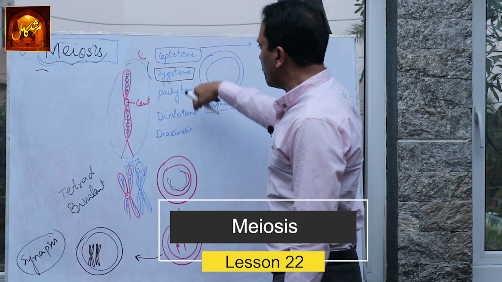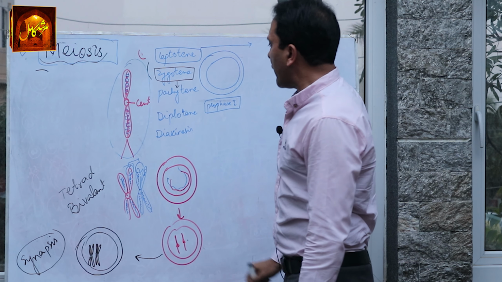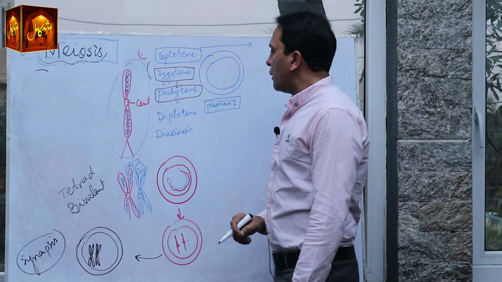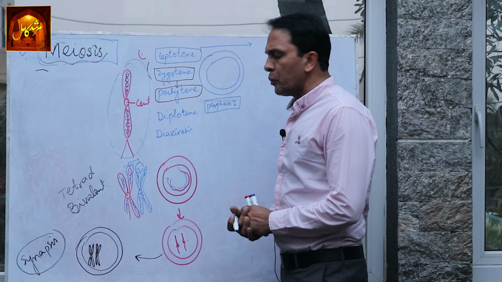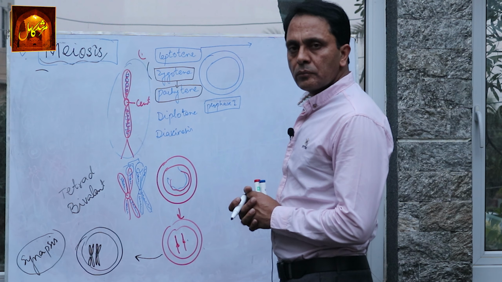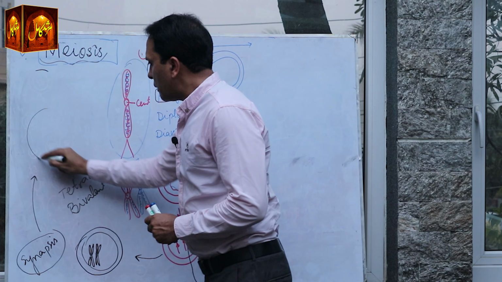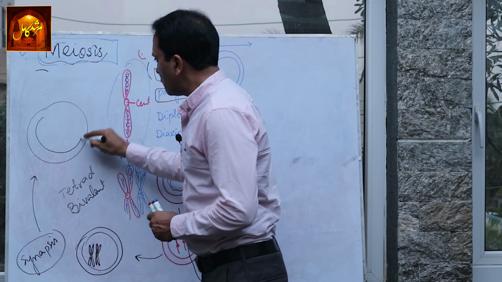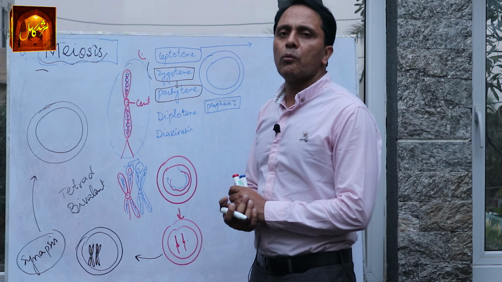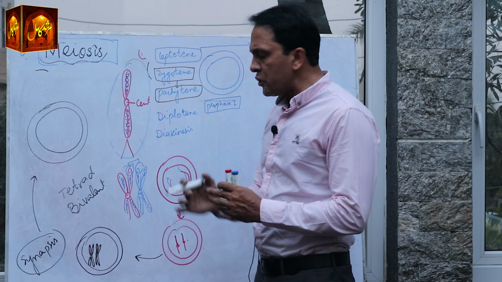After this change we move to the next subphase, the pachytene. During pachytene these chromosomes will become more condensed, and a unique process will take place. In this phase the non-sister homologous chromatids start overlapping.